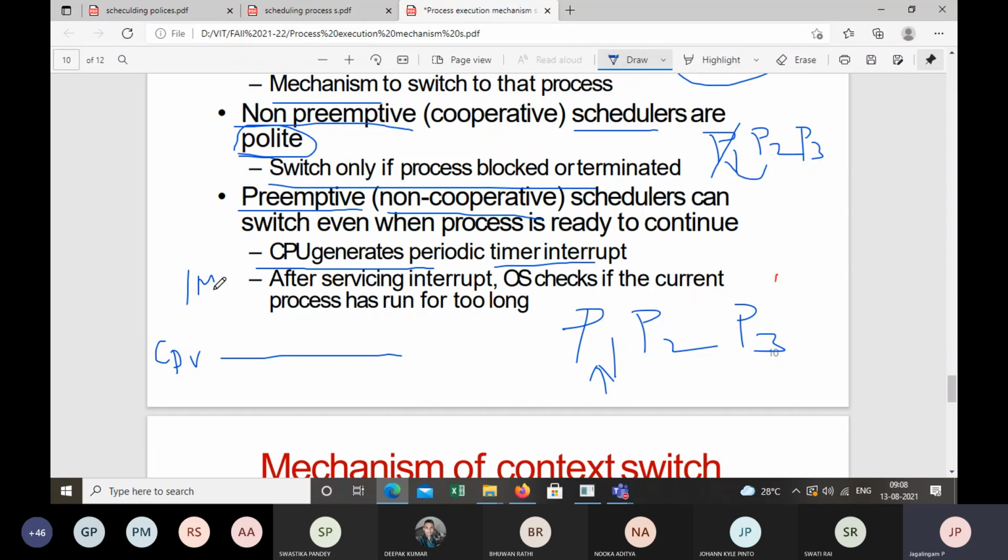Now, if there is an interruption, which one comes into play? If there is a timer interrupt, who has the responsibility to check it? The operating system checks, right?